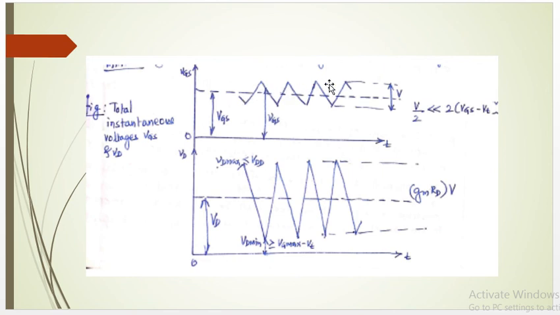Every instant you can take the value. At this point it is the sum of VGS plus the actual signal applied, lowercase vgs. We know that this swing we have already analyzed, 2 times VGS minus VT, so the total swing V should be less than 2 times VGS minus VT.